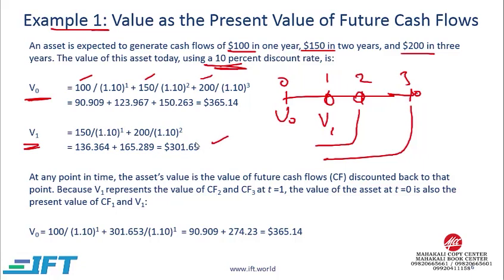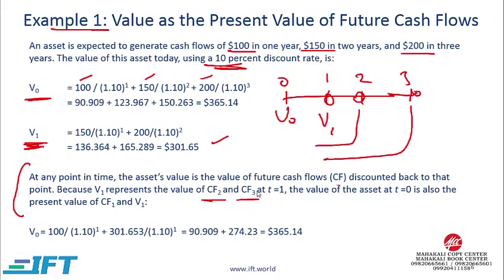And obviously you knew that. Something else that you should have seen at level 1, but just to reinforce the point: the asset's value is the value of future cash flows discounted back to that point. So at V1, we have a value based on cash flow at time 2 and cash flow at time 3.